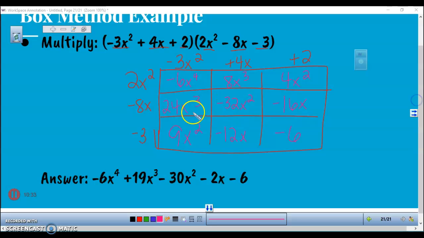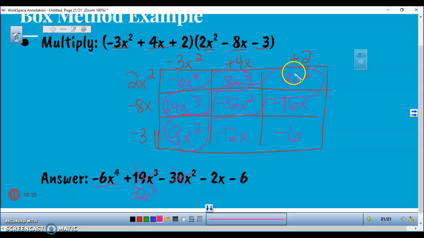Combine any like terms. Well, I see these both have x to the third. So that would give me negative 6x to the fourth. I have that. 24, let me make sure this is right, plus 8x. So this should be 32x to the third. All three of these combine, giving me, I don't know what was going on here.